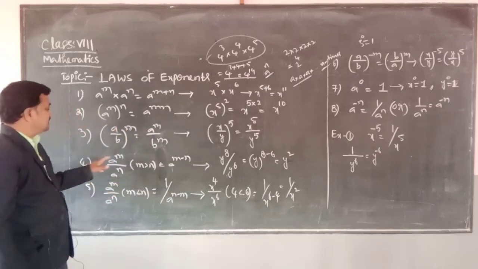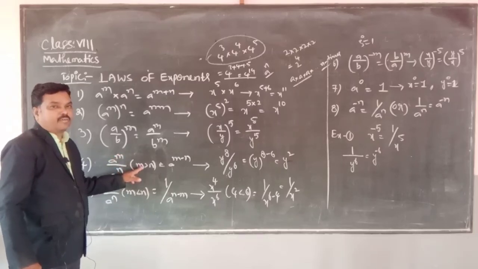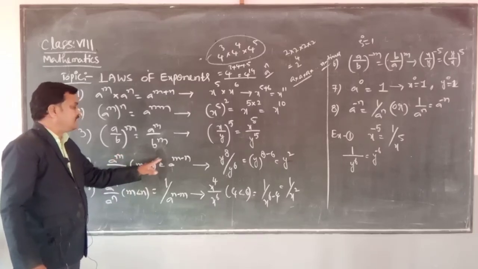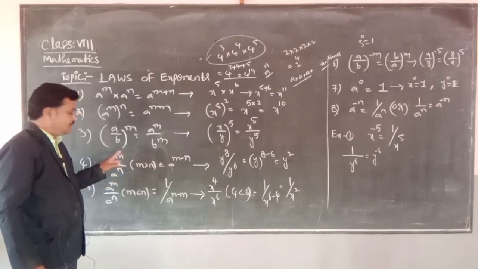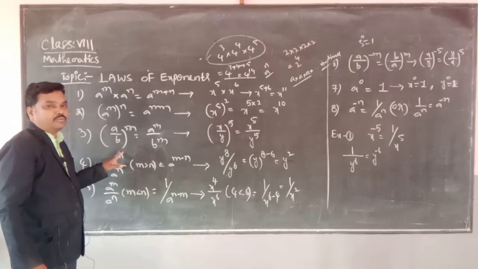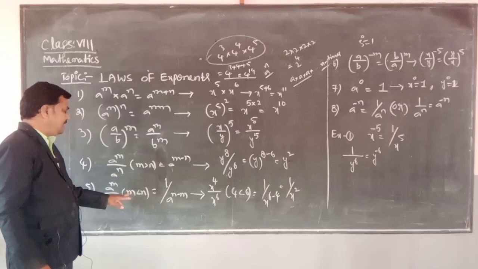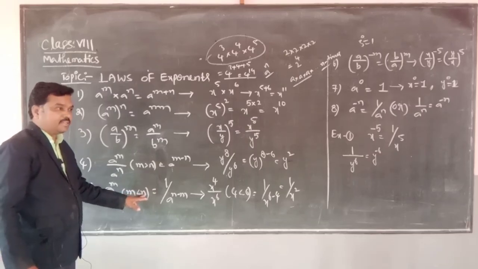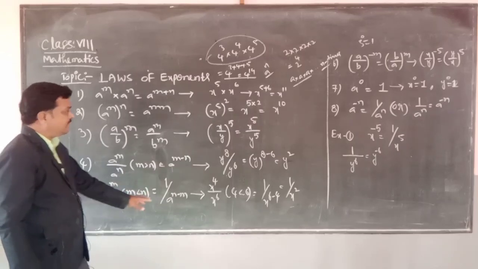Then the fourth one is a to the power of m by a to the power of n. Here the numerator power is greater than the denominator power, so we subtract the denominator power from the numerator power. Then it's reverse: the numerator power is less than the denominator power, so we subtract the numerator power from the denominator power.